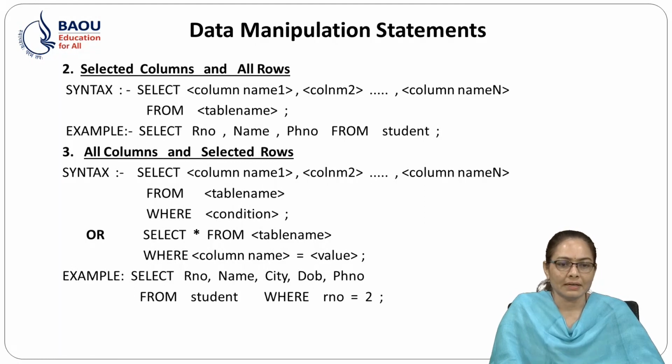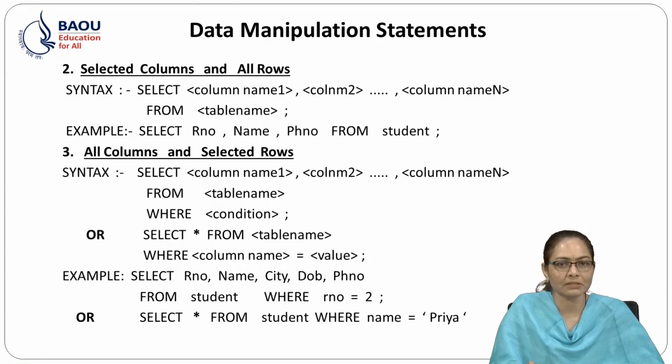The example is select roll number, name, city, comma, date of birth, comma, phone number. All the columns are defined. After that, from student where roll number is equal to 2. This command is used to display all the columns of the record of roll number 2.